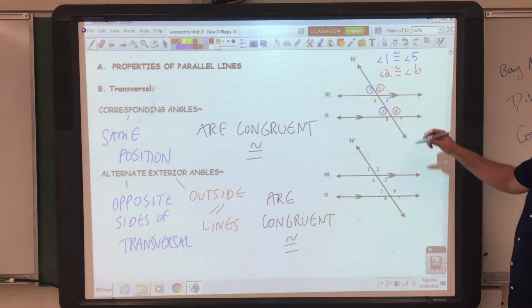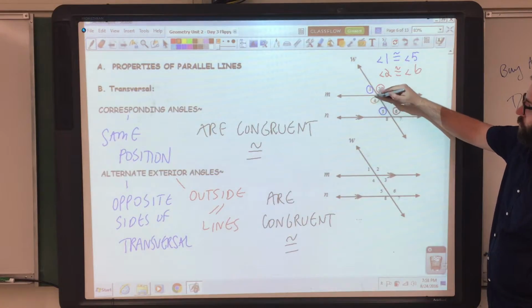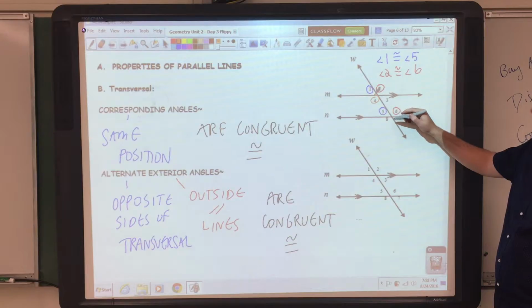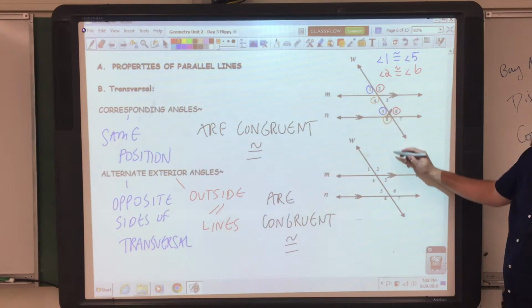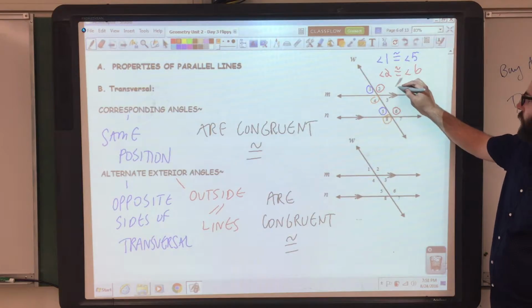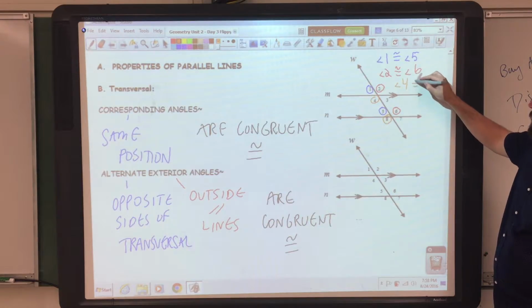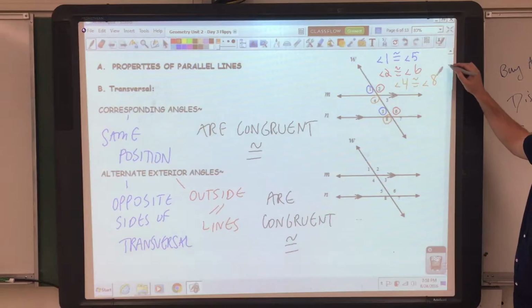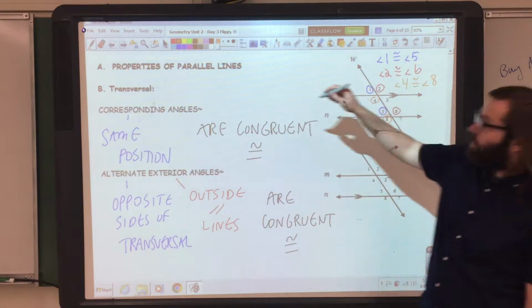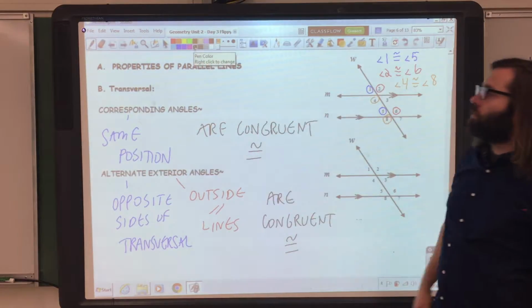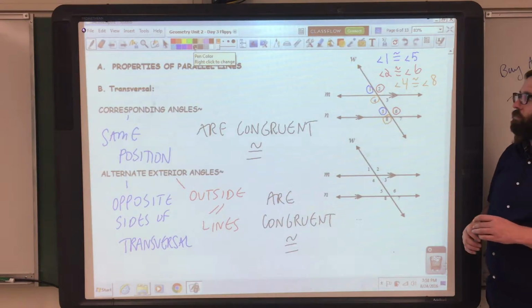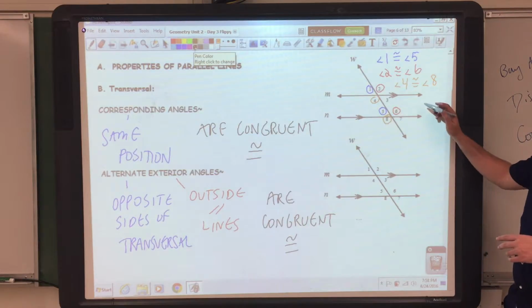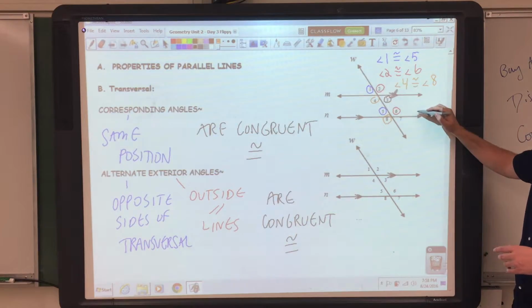We got some more. Let's look at 4. What's in the same position as 4? Okay, that comes down here. That'd be angle 8. So angle 4 is congruent to angle 8. And then finally, look at 3.